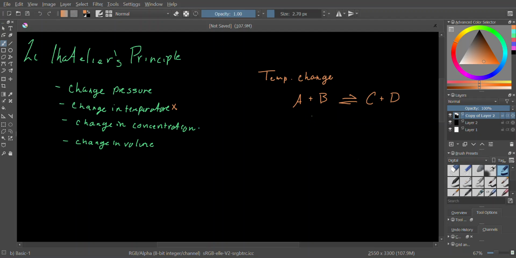But okay, so then now let's say that our reaction is exothermic and our temperature is going from 65 degrees Celsius to 35 degrees Celsius. So if it's exothermic, heat is a product, right? Okay, but now looking here, is our temperature being increased or decreased?